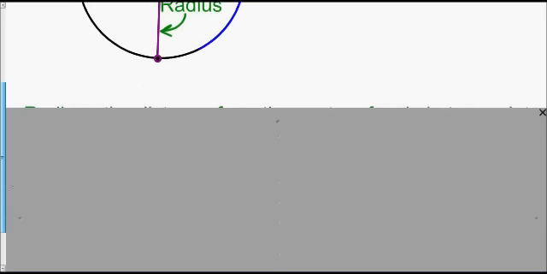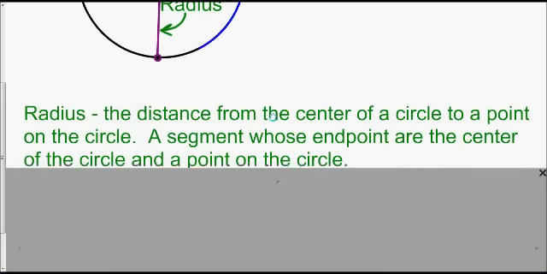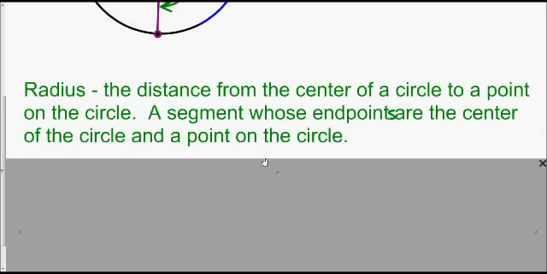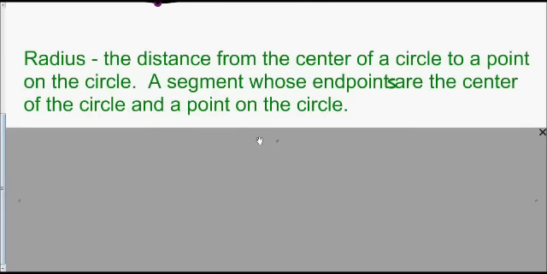Okay, and here are those definitions. We have radius. So a radius is the distance from the center of a circle to a point on the circle. It is a segment whose endpoints are the center of the circle and a point on the circle.